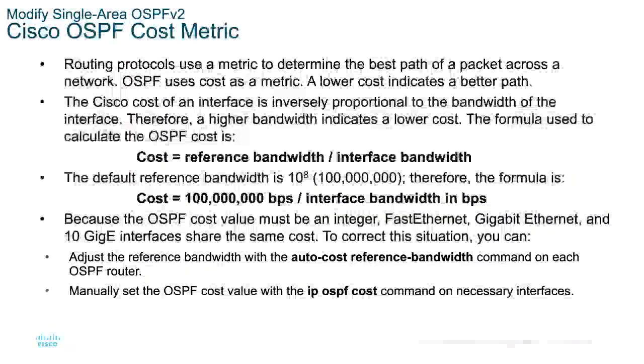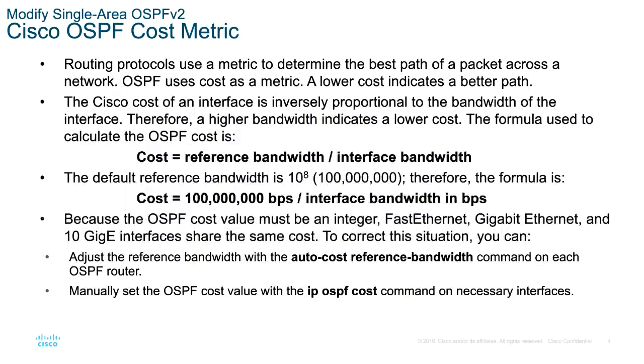Now we have gigabit and 10 gig Ethernet interfaces out there, and the original formula would have multiple costs of one, because we can't go below one. It has to be a whole number. So anything that would equate to a value less than 1, as in 0.5 or 0.4, the cost is 1.